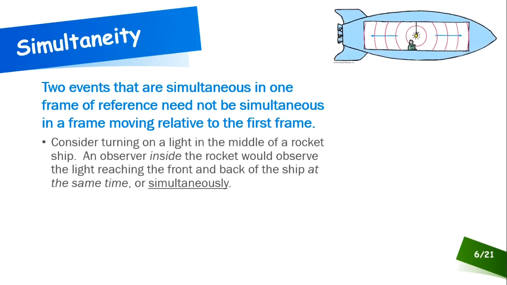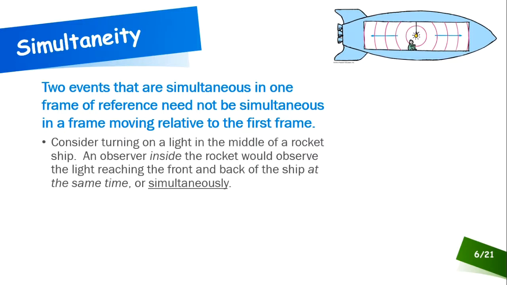So consider, for example, the case of a light in the middle of a rocket ship. If you're sitting in the middle of the rocket ship with the light bulb, the light is going to go towards the front and the back of the ship. And because light has the same velocity, no matter what your frame of reference is, it's going to hit the front and the back of the ship at the same time.